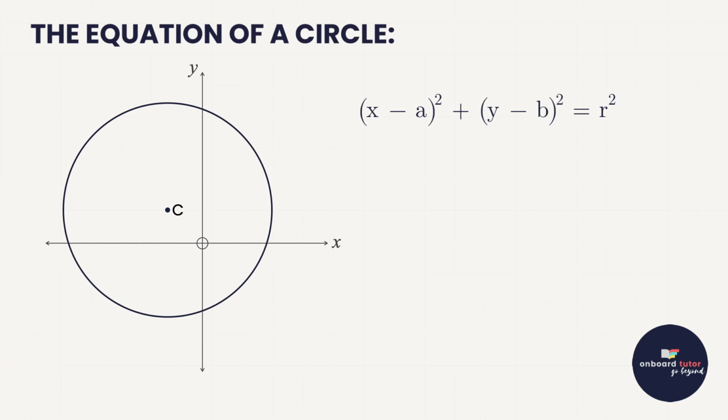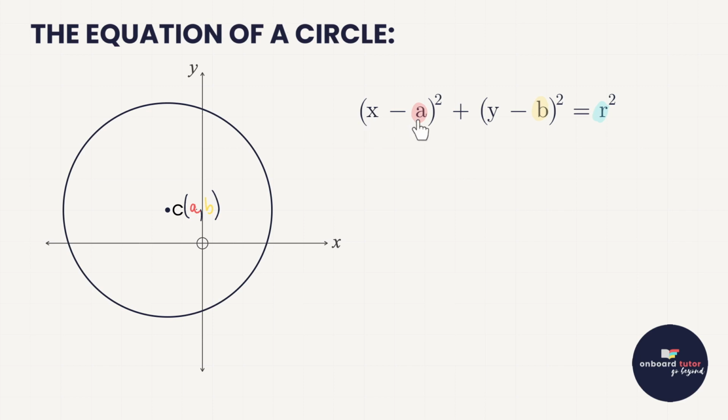Right, now what we need to figure out is what each of these letters represent. So we've got a, we've got b, and we've got r. Okay, x and y, they always form part of every equation on the Cartesian plane. So don't worry too much about them. All right, this center here, C, has the coordinates a and b. So that's the first thing to know, is that a and b in your equation are the coordinates of the center.